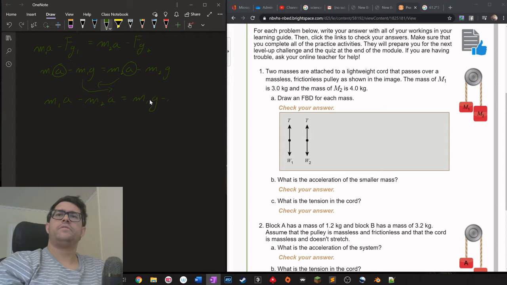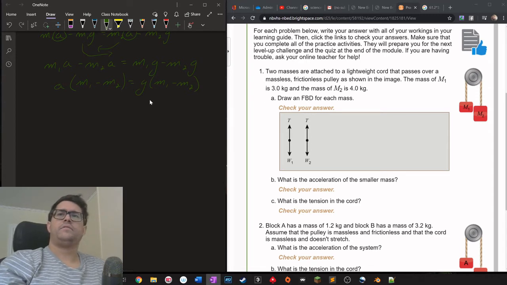M1G minus M2G. And then we end up with A times M1 minus M2, which we can calculate, is equal to G times M1 minus M2. Simple math. All I did here was clean it up a bit so that I can enter the information.